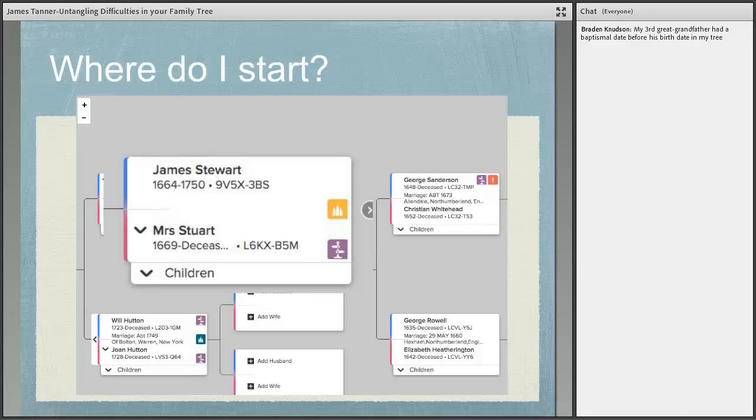Okay, but what I've pulled this up to illustrate is that this particular entry talks about somebody named James Stewart, who was born in 1664, died in 1750, and was married to somebody named Mrs. Stewart. Now, I don't think Mrs. Stewart was the name she had when she was born. I think she probably had a real name.